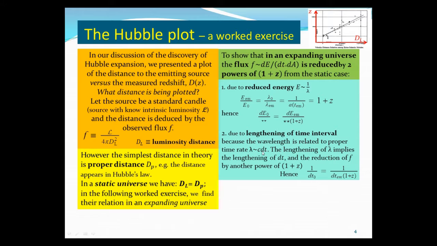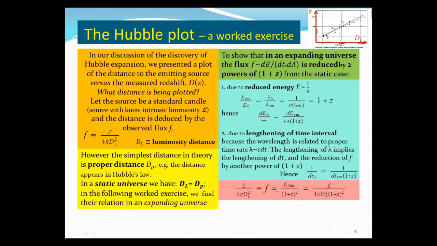So the lengthening of the wavelength implies the lengthening of the time interval, and because the interval is in the denominator, it means a reduction of the flux by another power of 1 plus z. 1 over dt is not equal to 1 over dt emitted; you have to multiply by 1 plus z. So the flux, which is related to luminosity this way in the static case, is in an expanding universe reduced by a factor of 1 plus z squared.